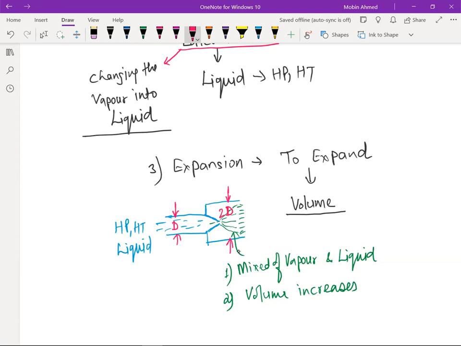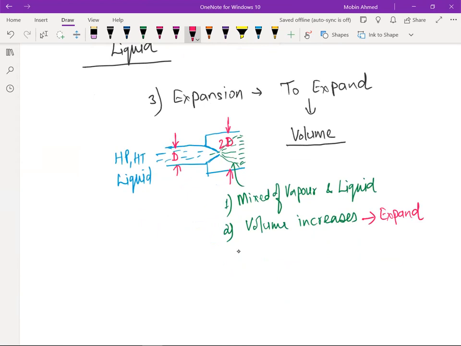So the area has increased. Once it is going to increase, it is going to expand. So volume increases, so whatever the mix of vapor and liquid is there, it is going to expand. Now, when it is going to expand, what will happen? Both things are going to happen. It is going to lower the pressure, LP.